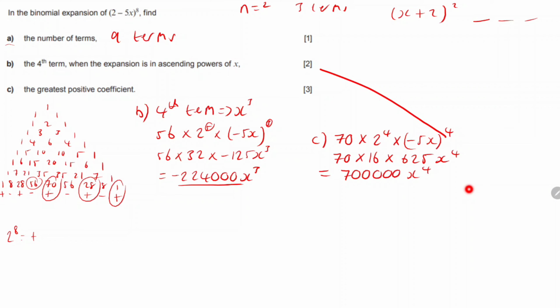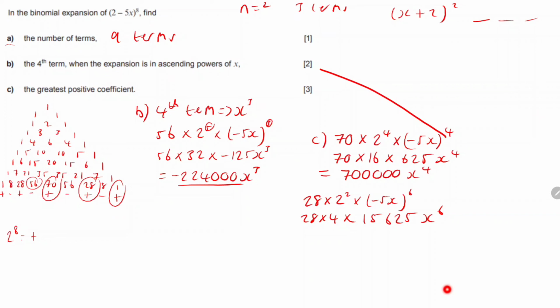Right, for this term, the 28, it's going to be 28 times 2 to the power of 2 times by minus 5x to the power of 6, which is going to give us 28 times by 4 times by 15,625 x to the power of 6.